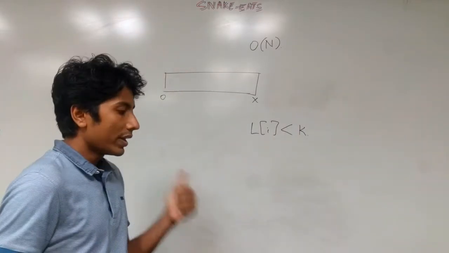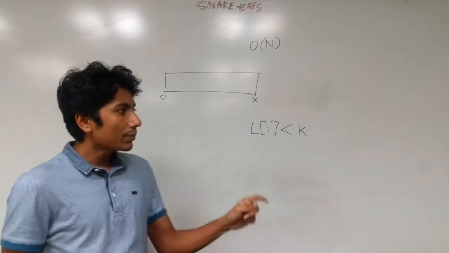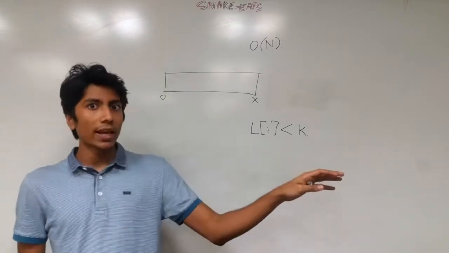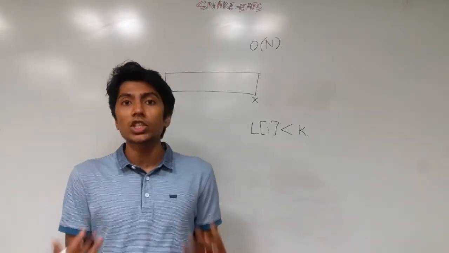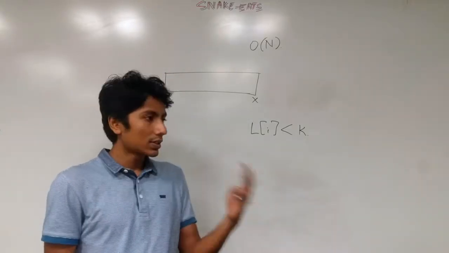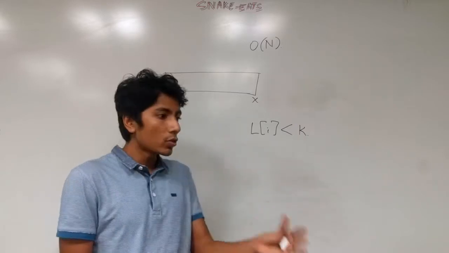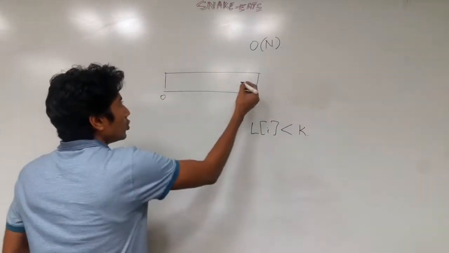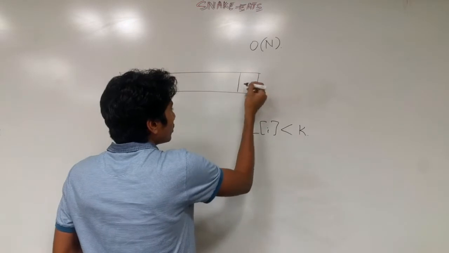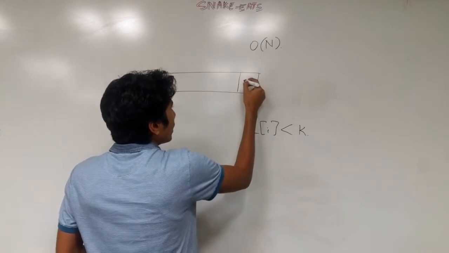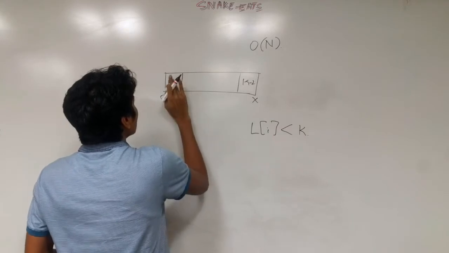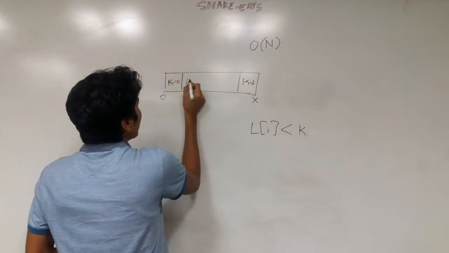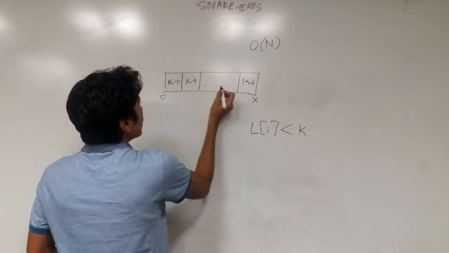Your strategy should be to pick up the snake having the maximum potential to reach k and feed it the snake which has the minimum potential to reach k. That's a pretty obvious strategy, and it works here. You pick up the snake, let's say over here, which has length k minus 2, and over here you have k minus 10 and k minus 9, and so on and so forth.